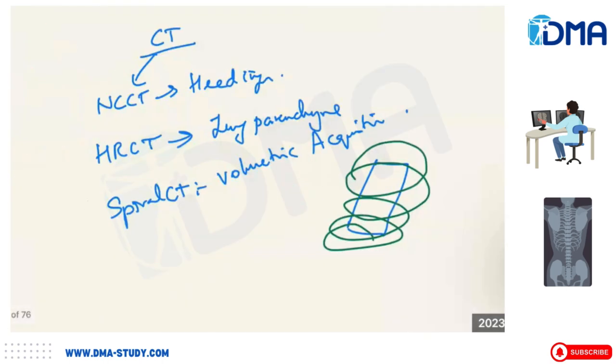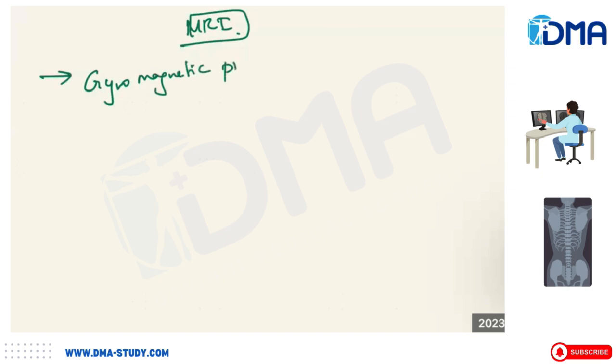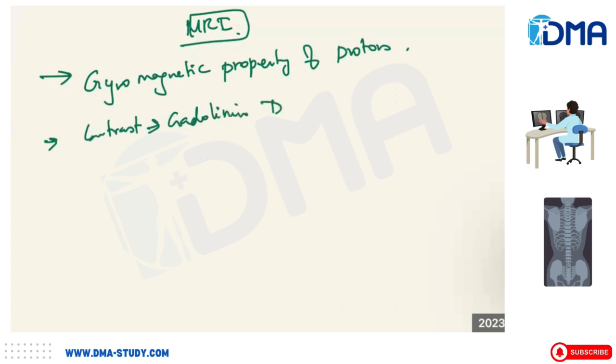Then MRI. MRI is basically based on the gyromagnetic property of the protons, that is the hydrogen ion. The contrast which is most commonly used in MRI would be gadolinium, Gadolinium DTPA.